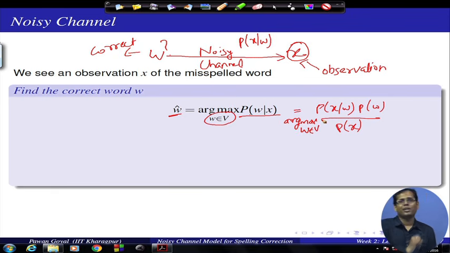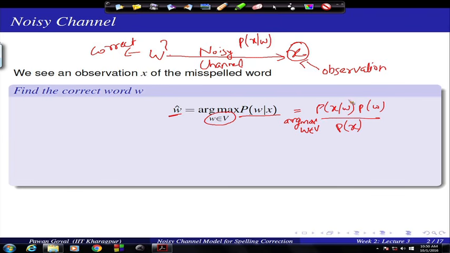Now what is your variable here? Your variable is W. You can have multiple different words, but your X remains the same for each individual word. So what in fact you are trying to do, for each word you are computing this value and then you are seeing what is the maximum value, which word gives you the maximum value. Now, among the 3 different probabilities that you are using for this formula, which one might you remove for this computation?